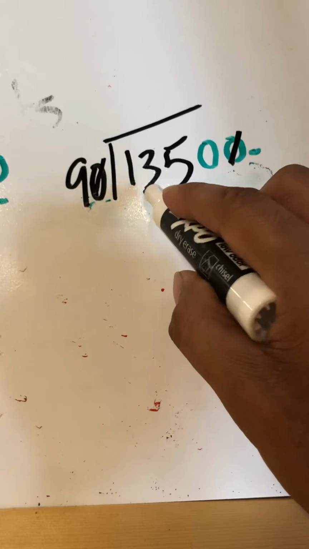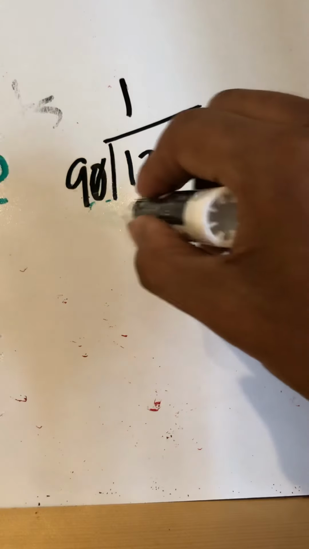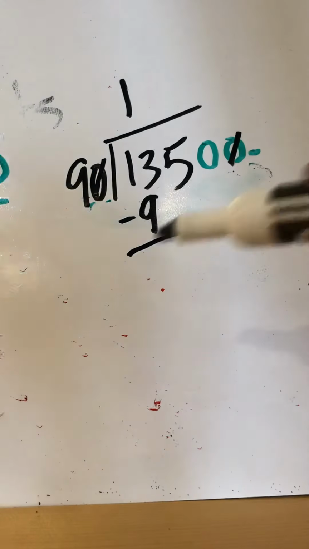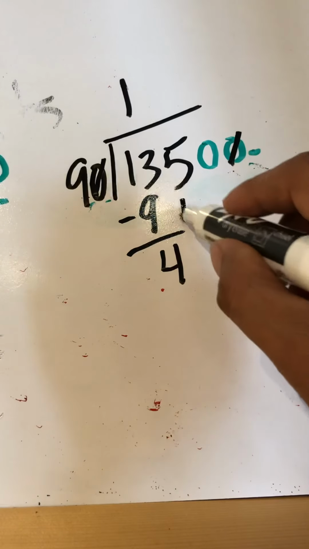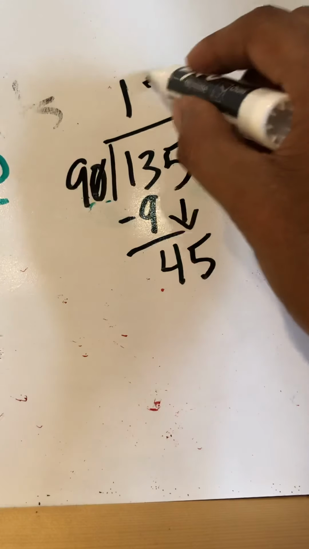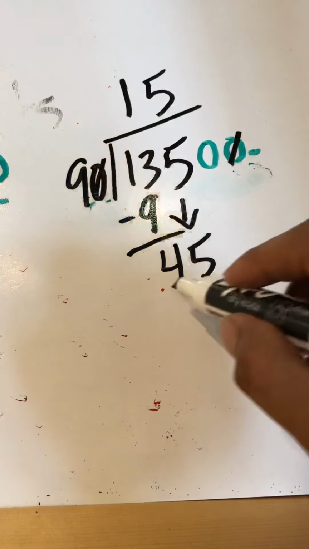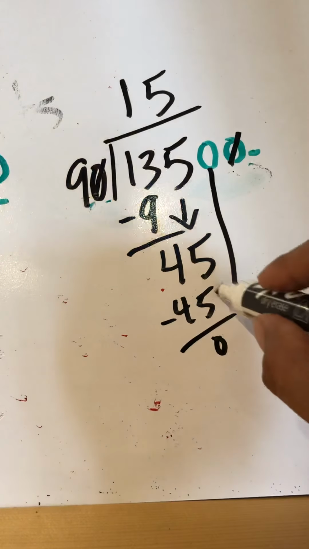So, does 9 go into 13? Yes, one time. 1 times 9 is 9. 13, take away 9, let's count up. 10, 11, 12, 13. Makes 4. Drop the 5. 9 goes into 45. 5 times 9 is 45. You still have to drop that 0.